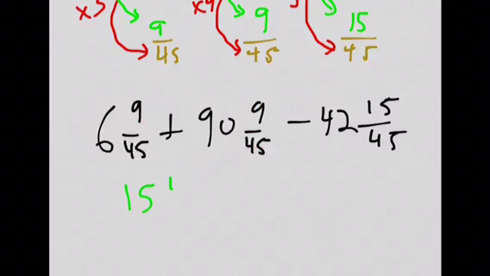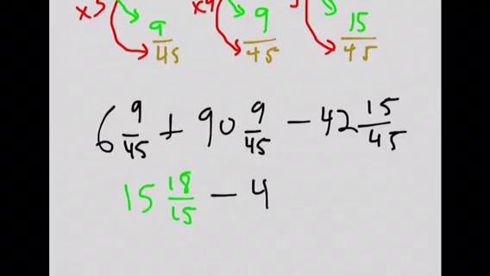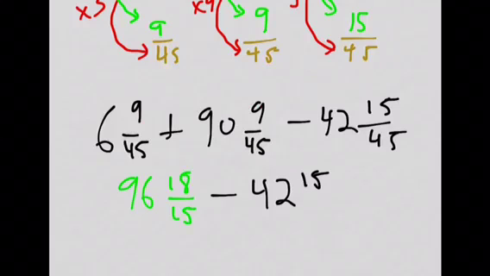So 15 and 18/15 minus 40. Oops, what did I do? I did 6 plus 9 is equal to 45. But it should be 6 plus 90 is 96. Okay, so now we have 96 and 18/45 minus 42 and 15/45.